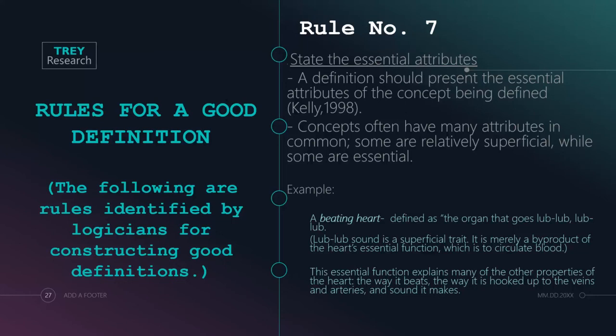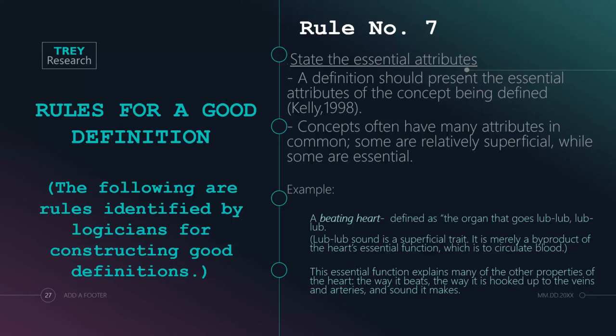So you just stick with the essential properties and attributes that should be connotated on the definition. Example here is a beating heart defined as the organ that goes lub-lub. So lub-lub is a superficial trait. It is merely a byproduct of the heart's essential function, which is to circulate blood. Hence, if we include this, it is not a good definition.